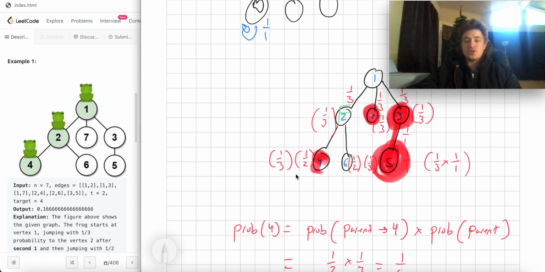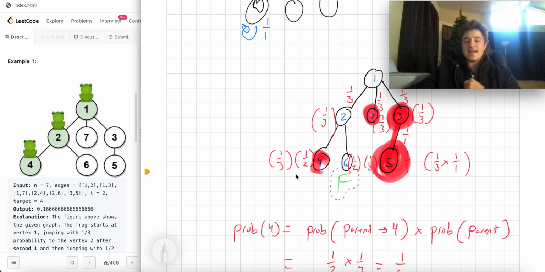When I'm at 2 and I came from 1, I don't need to think about every node that I've traversed in the system. I just need to keep information that I've already traversed 1, so I don't traverse it again. Then when I go to 4, I keep information about 2 and I don't traverse to 2, because I've looked at 2 already. 2 is my parent. So that's the general idea: you just need to keep account of the parent that you've looked at.